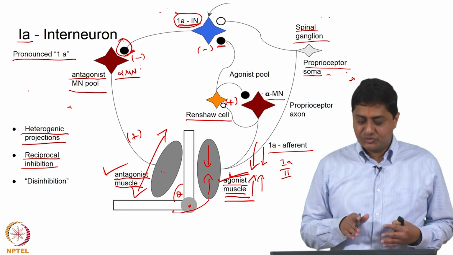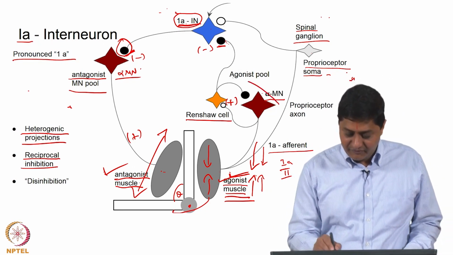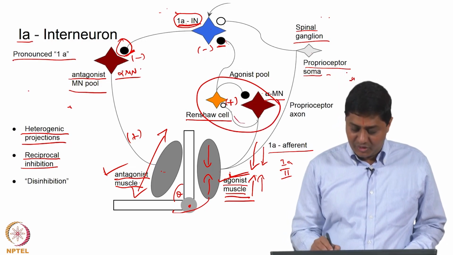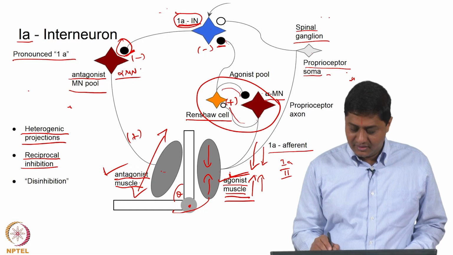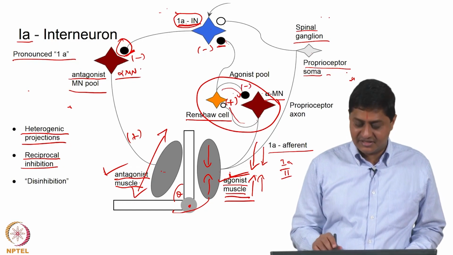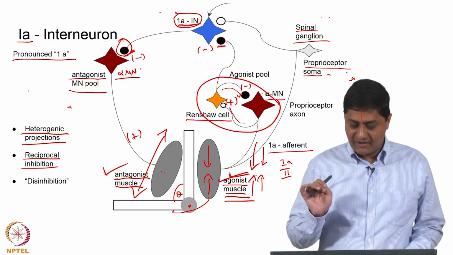So, there are at least 2-3 levels of negative feedback that we have seen. One is this loop itself, is it not? The alpha motor neuronal pool excites the Renshaw cell and the Renshaw cell inhibits the alpha motor neuronal pool, that is one level.